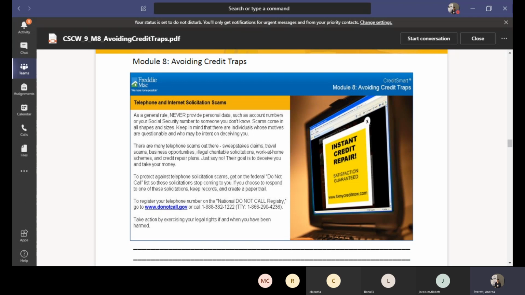A lot of these go to your junk email, but some of them don't. And there's also stuff like phishing and malware, so links that look like, oh, it's a legit business or a legit sweepstakes or something, and it's really not. You can really see just by looking at the type of email account they have.